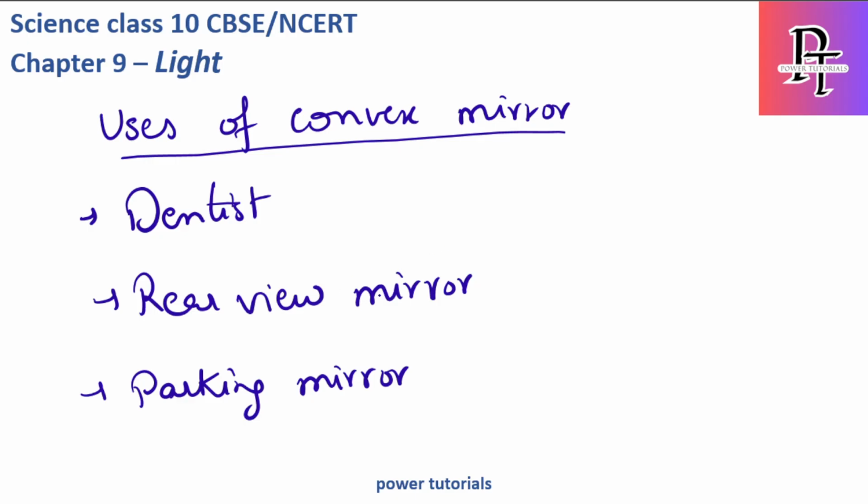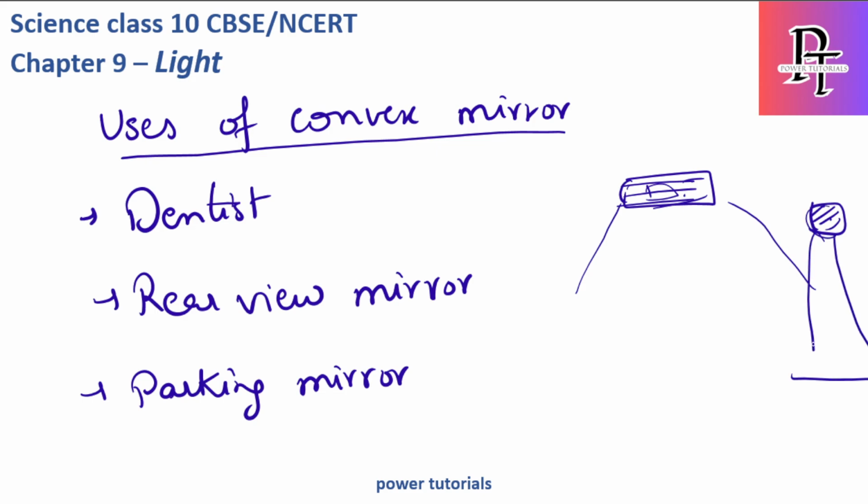And second, the rear view mirror. In automobiles, the side mirrors you can see are nothing but convex mirrors. Convex mirrors capture the major area behind the car and keep it in a small area. Same way, with the side mirror you can see a larger area behind your car.